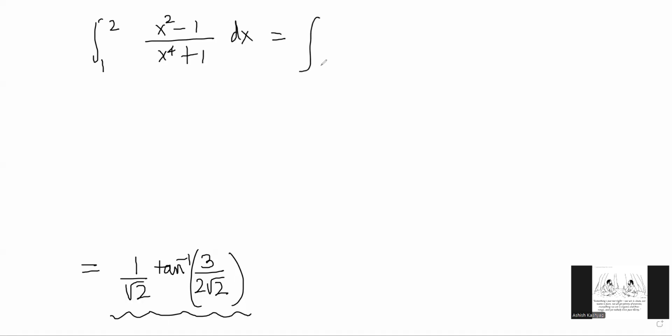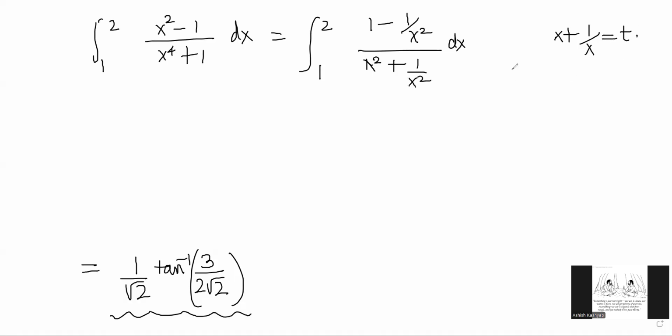And by the same method, we will divide by x square. We'll get 1 minus 1 by x square on top and x square plus 1 by x square at the bottom. And this time my substitution will obviously be x plus 1 by x is t. And what you will get is dt on top, divided by t square minus 2.